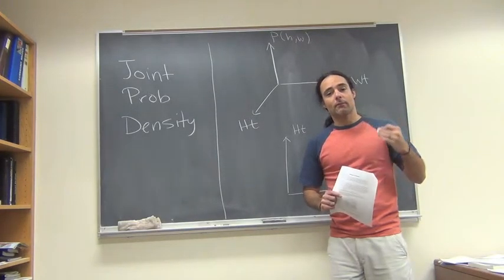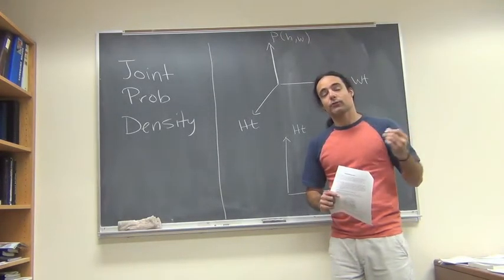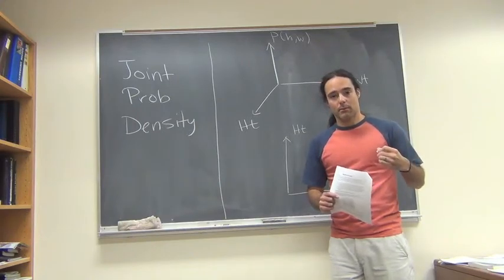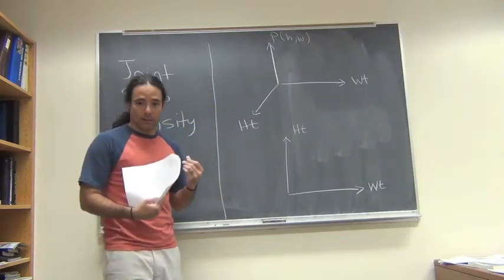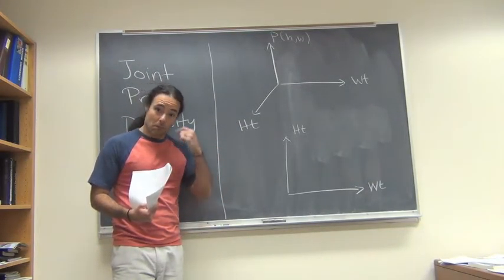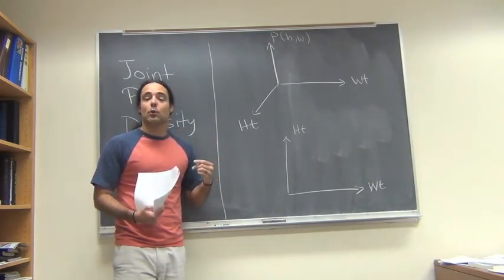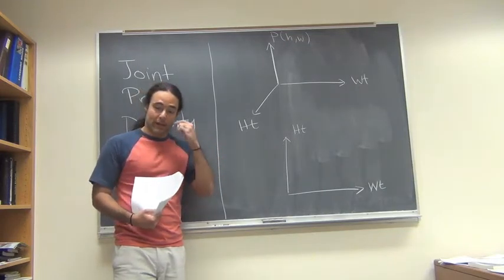At this point, it's helpful to have an example illustrating what we mean by joint probability density. So suppose I choose a person at random and I measure their height and weight. What's the probability that I am going to get a certain height and a certain weight?